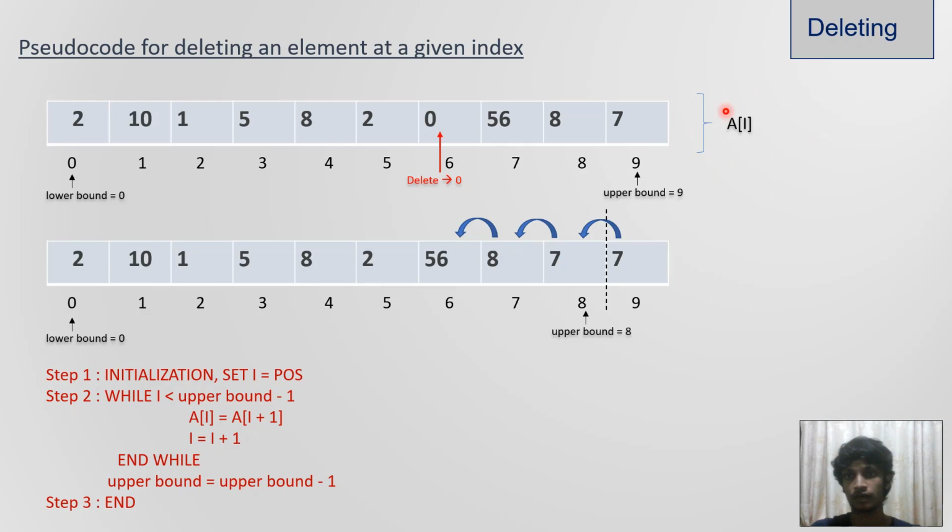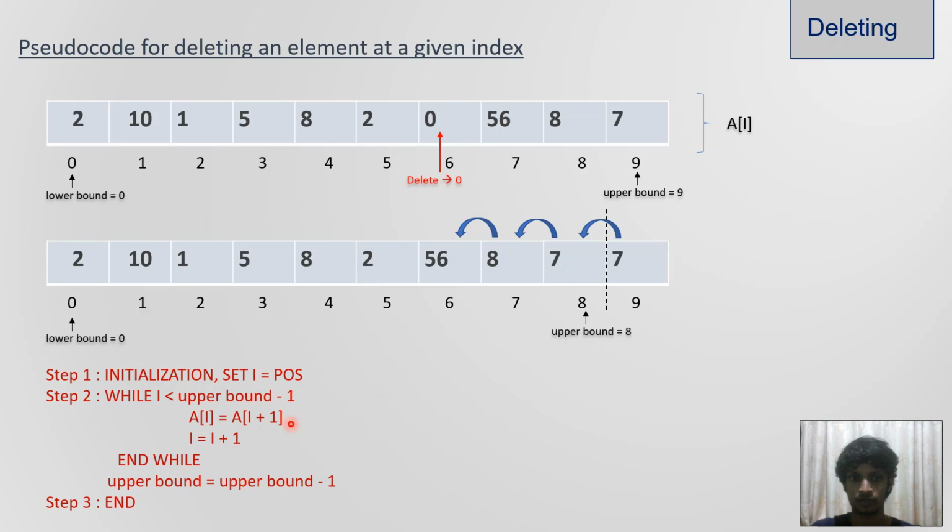Shifting a non-existing value to the left is not accurate, so there will be some kind of errors and memory allocation problems. In order to avoid that, we should only perform this while loop up until the upper bound -1. Then this is the shifting process: A[i] equals A[i+1], like this.